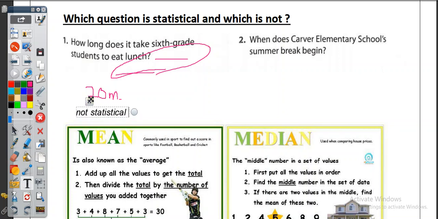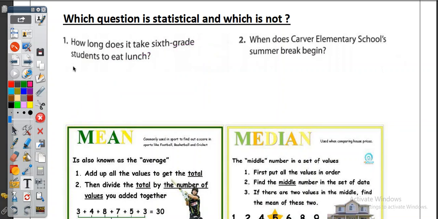Or if you think about it as, how long each of the 6th grade students will take to eat lunch. Maybe Dana took 15 minutes, while Asya 13 minutes, while Sarah took, for example, 20 minutes, Jude took 5 minutes. So if we ask the question and we have the response of each student, we will have different answers.